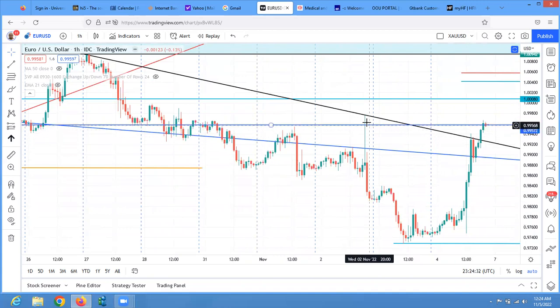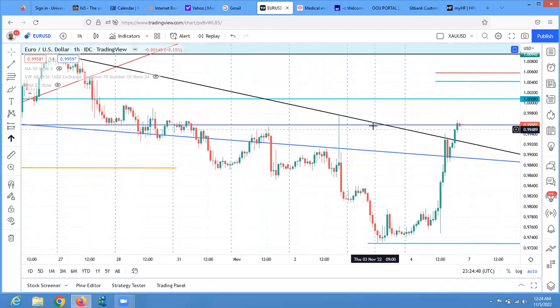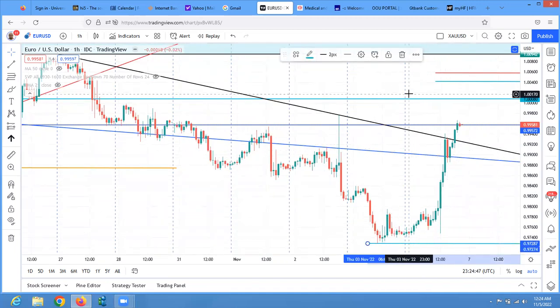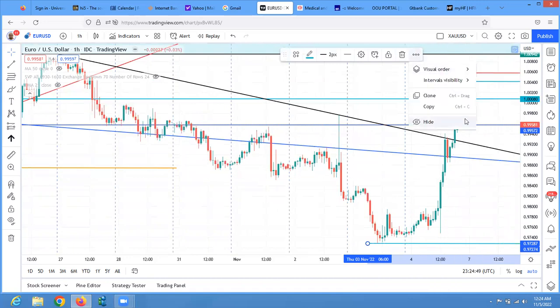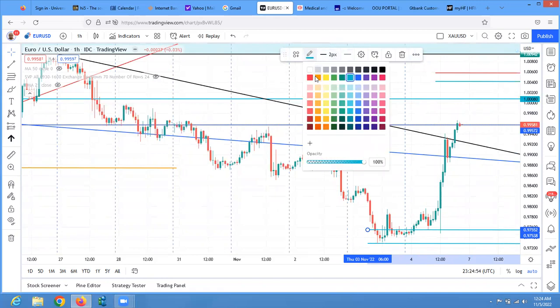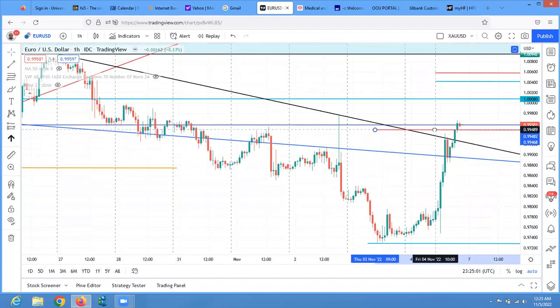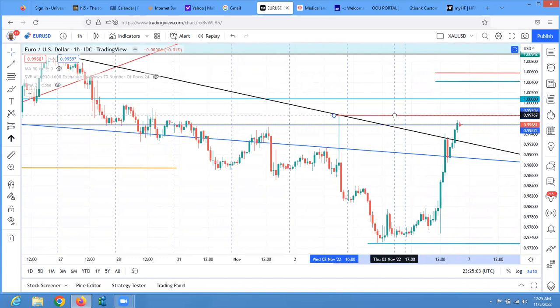And if this is supposed to be a low of a 3-1, the one going up is supposed to be a 3-2, which should not violate this level here. It shouldn't violate price at that level.